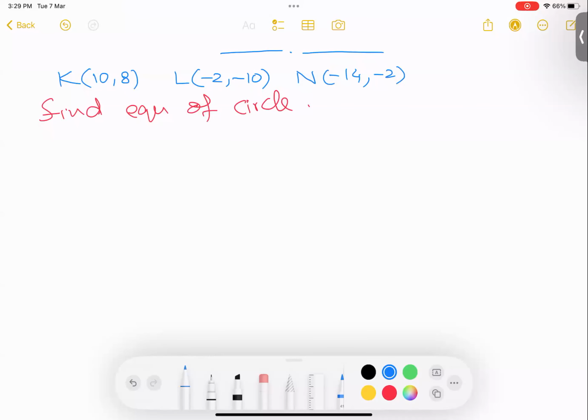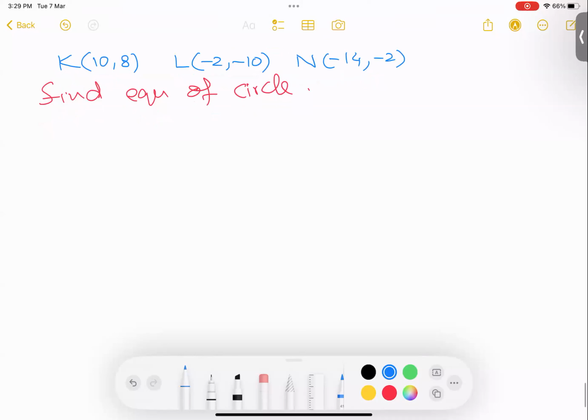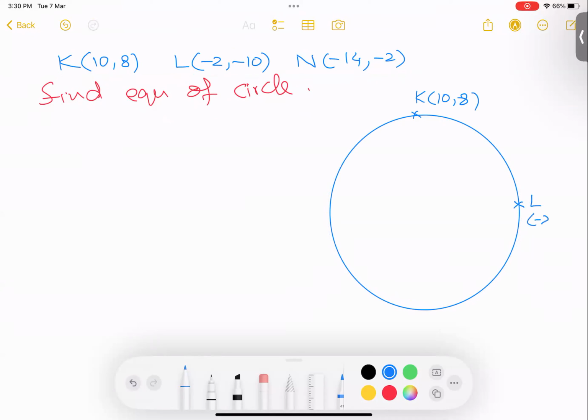Go ahead. Yes, student, I have given this question to practice, and let's start. Find the equation of the circle. So as usual, what I said before, I'll take a circle. I assume KL here. So L is -2. Although I can do it another way, my target is to teach you 2 concepts here: the perpendicular concept and the perpendicular bisector concept.